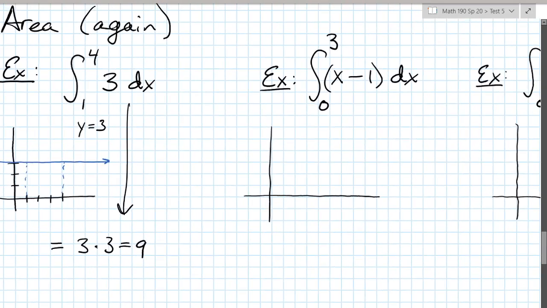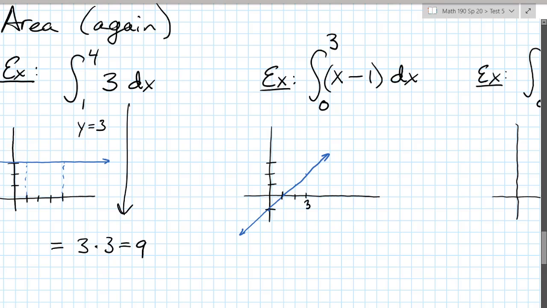Next one, the function is a line with slope 1 and intercept -1. So here's our intercept. Here's our line. And we're going from 0 to 3.